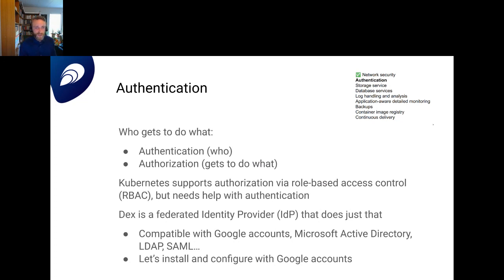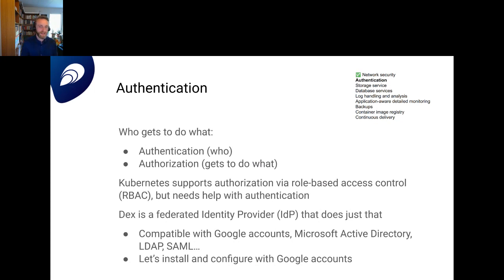Let's talk authentication. It's very important for security, information security, and of course auditing purposes that you know who gets to do what in your cluster. Now, Kubernetes itself supports authorization, which is the "gets to do what" part of that first sentence.